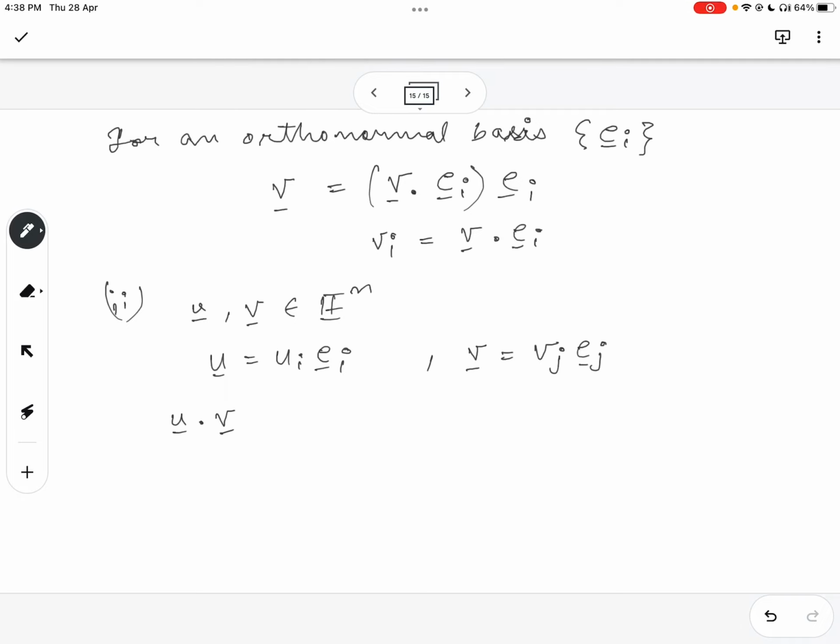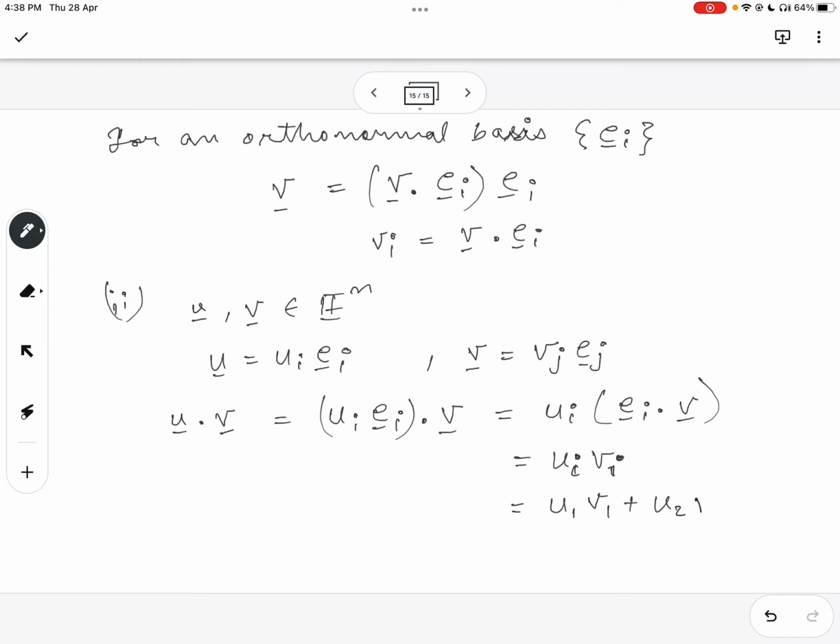Taking the dot product of U and V, we have UI EI dot V, which is equal to UI EI dot V. Now EI dot V is VI, so this is UI VI. Now as this is a repeated index, we mean that this is equal to U1 V1 plus U2 V2 until UN VN. The summation is implied when we use a repeated or a dummy index.